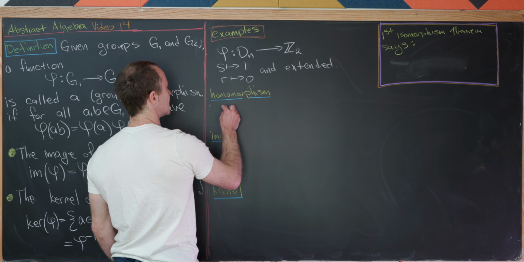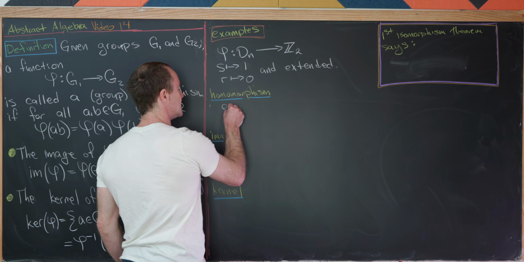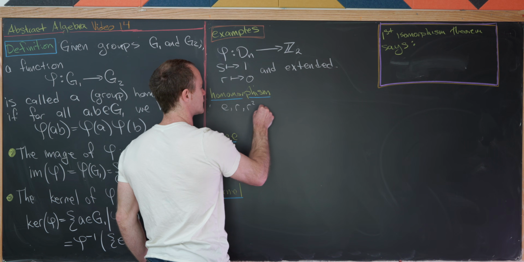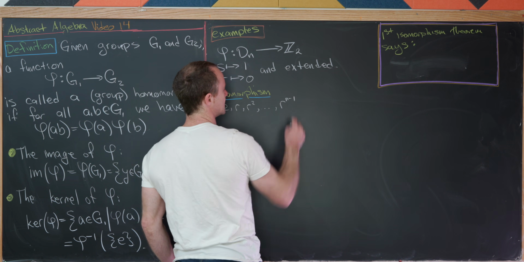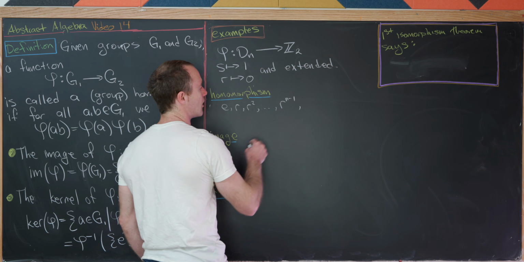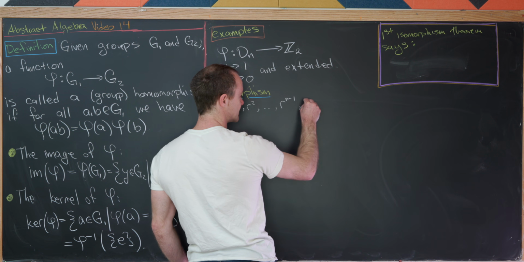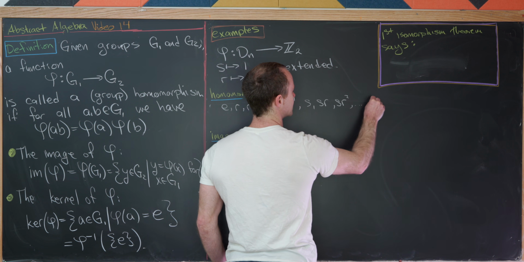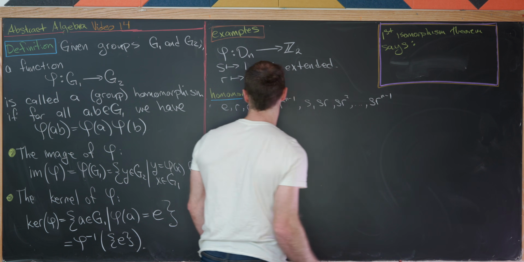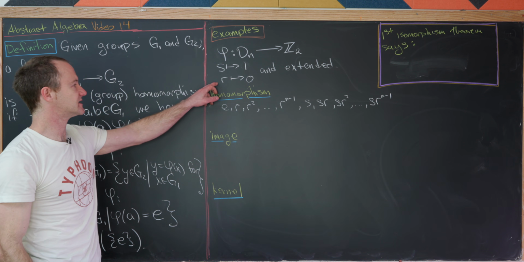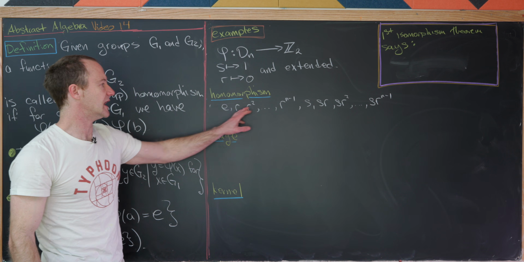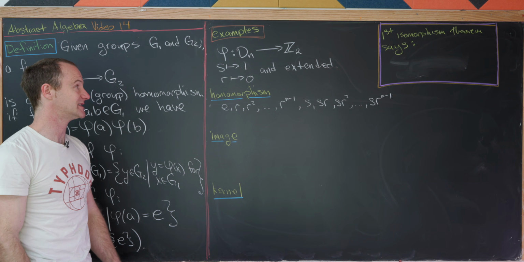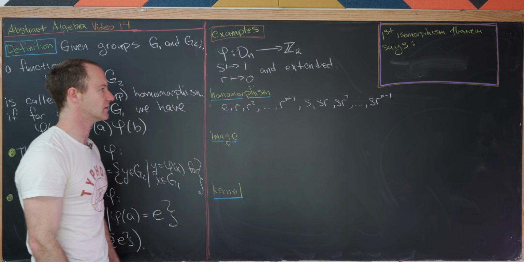Let's list all of the elements of Dn. That'll be e, r, r squared, all the way up to r to the n minus 1. And then all of the reflections will be s, sr, sr squared, all the way up to sr to the n minus 1. Since r is sent to 0, any combination of r with itself will also be sent to 0.